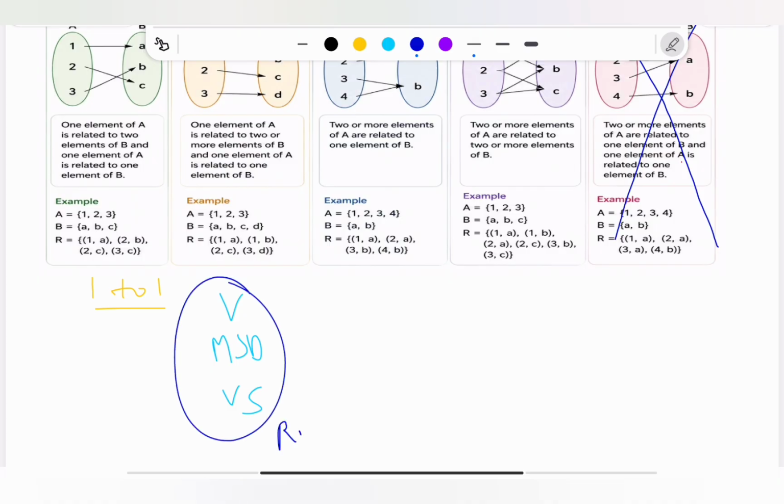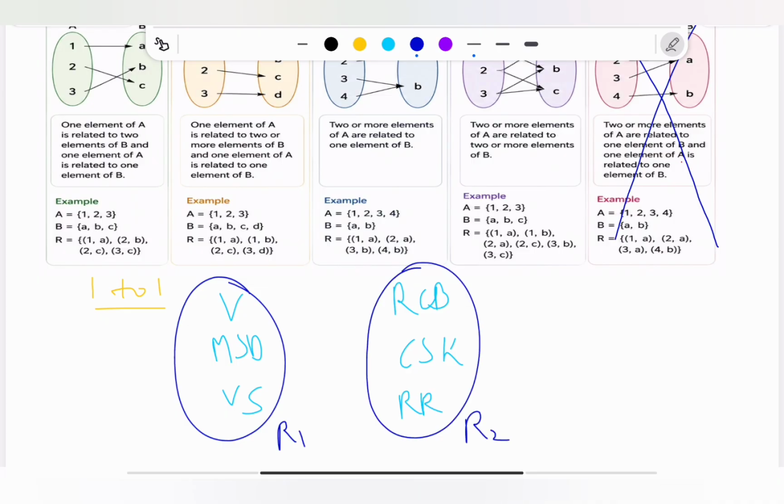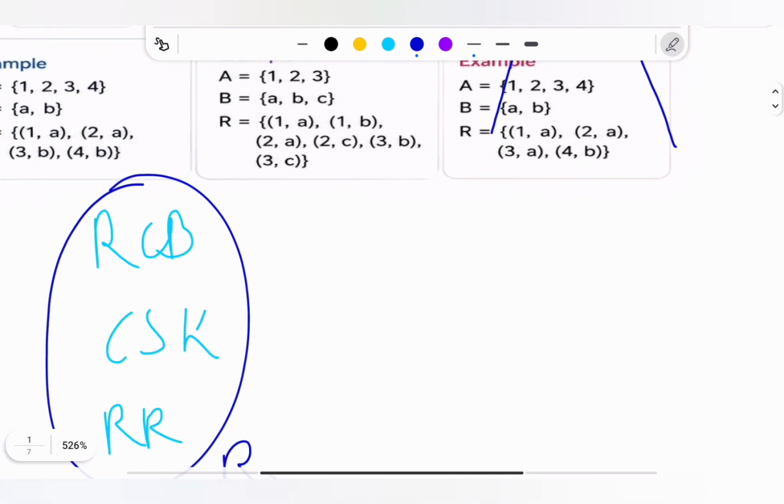Let this be R1 and the set 2 be RCB, CSK and RR, and this be set 2, R2. So here, a relation R is defined such that R1 to R2.